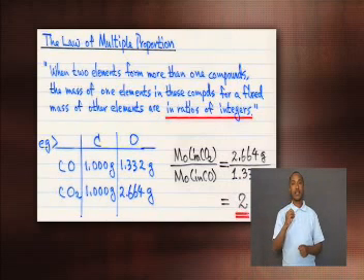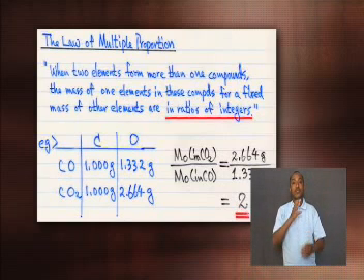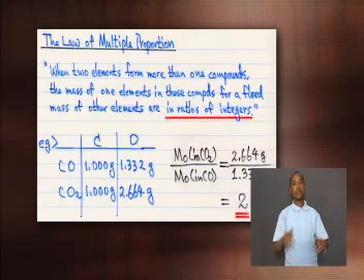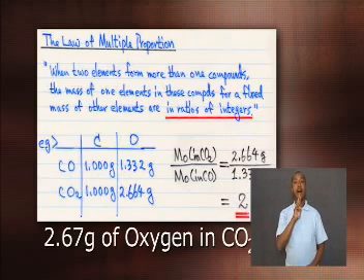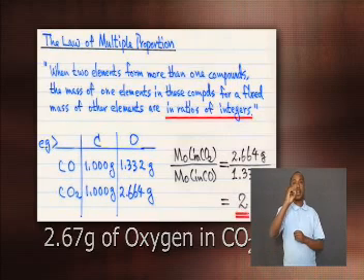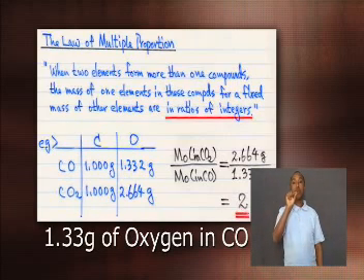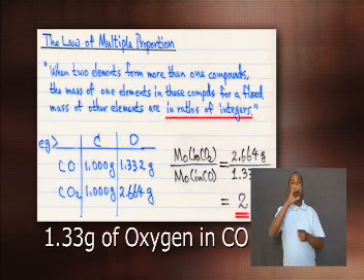And in the two compounds, the mass of carbon is always the same. There are 2.67 grams of oxygen in carbon dioxide and 1.33 grams of oxygen in carbon monoxide.